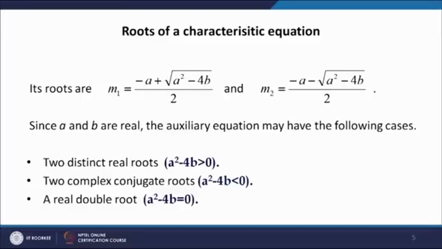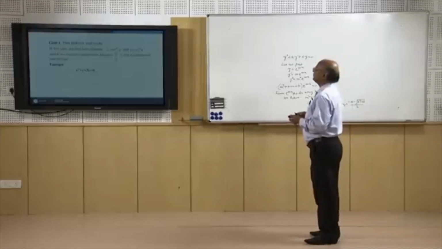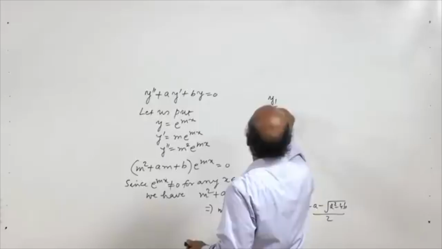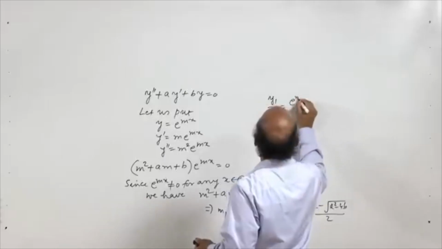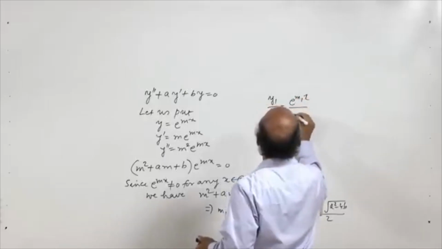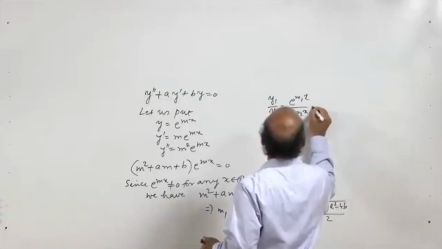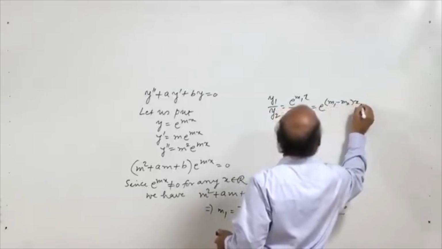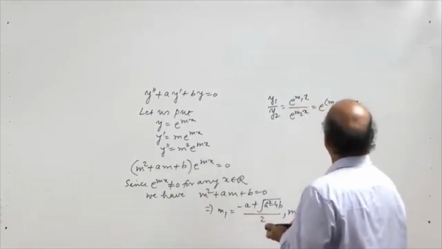In the case of two distinct real roots, we find two solutions corresponding to the two values m1 and m2. So y1 equal to e to the power m1x and y2 equal to e to the power m2x. Now y1 and y2 are linearly independent because y1 upon y2 is equal to e to the power m1 minus m2 into x.